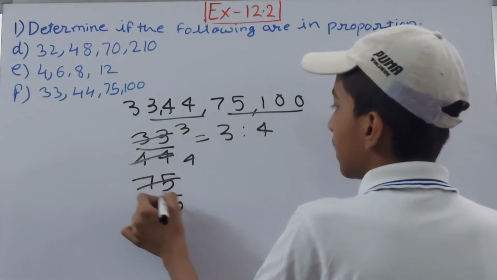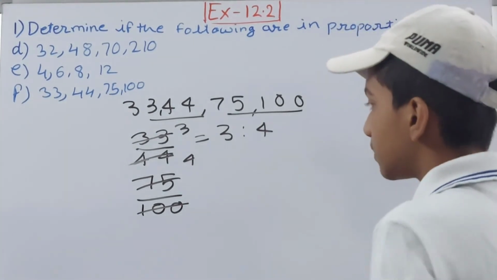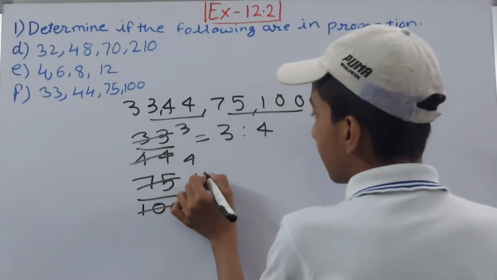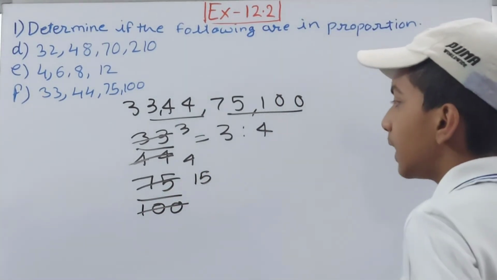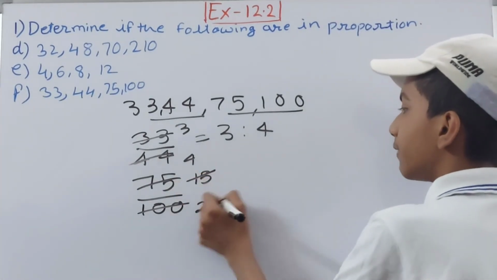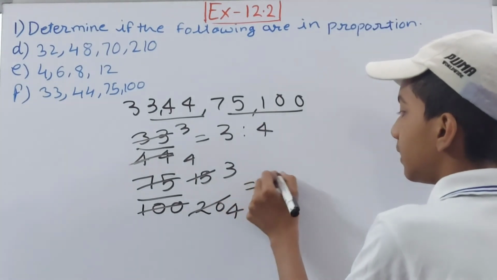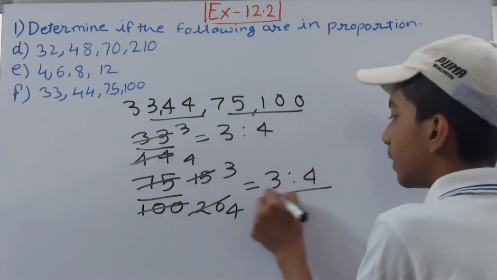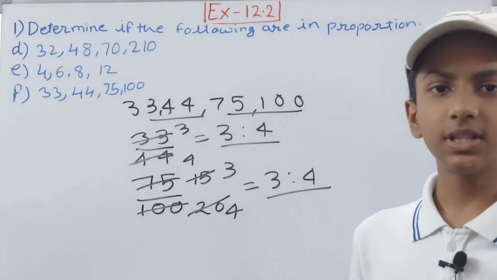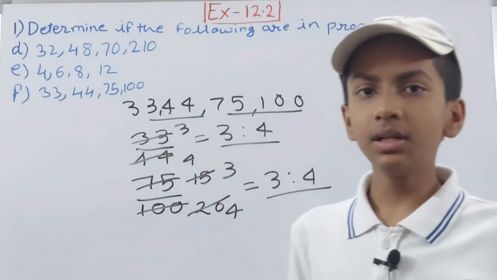Both of these are divisible by 5, so let us divide them. This will be 15 upon 20. Now by 5 again, 3 and 4. So you get 3 is to 4. Again you are getting the same ratio. That means we can say the 4 numbers 33, 44, 75 and 100 are in proportion.